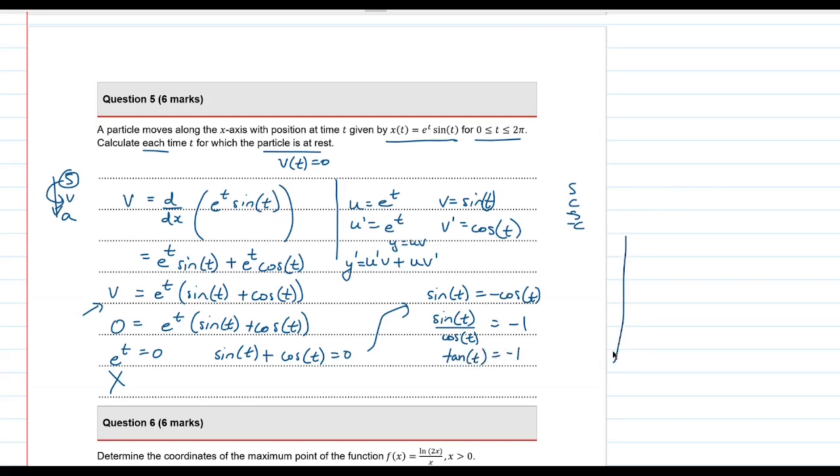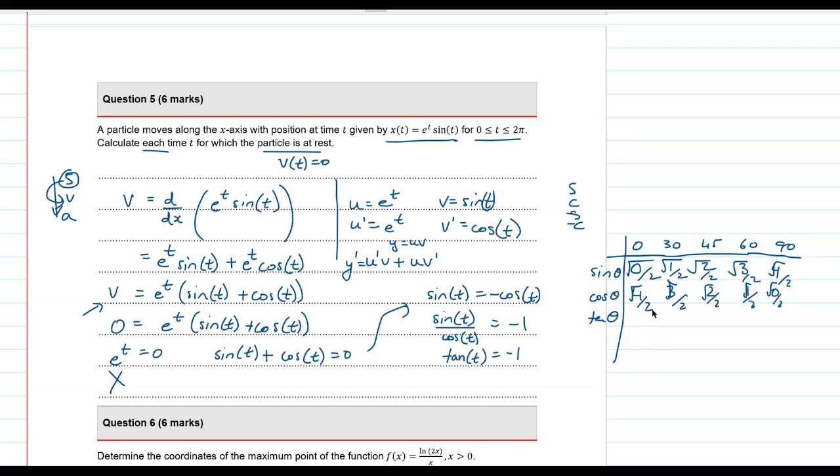Now, if you remember our table, you write 0, 1, 2, 3, 4 across, and for cos theta, you write 4, 3, 2, 1, 0. You square root everything, and you divide by 2. You can also write this in pi, so this is pi on 2, this is pi on 3, this is pi on 4, and this is pi on 6.